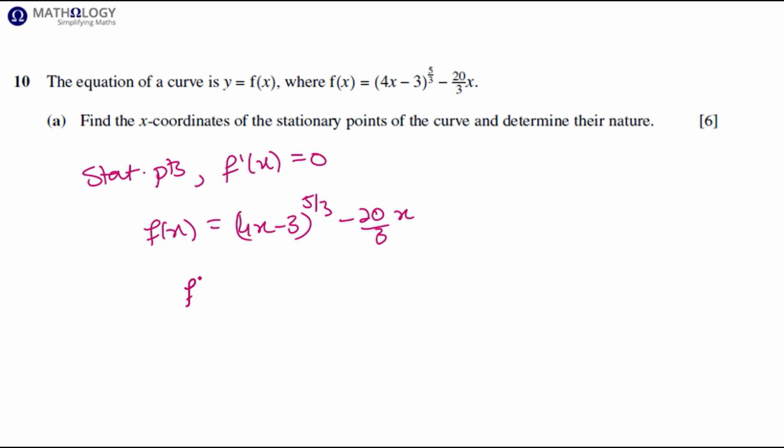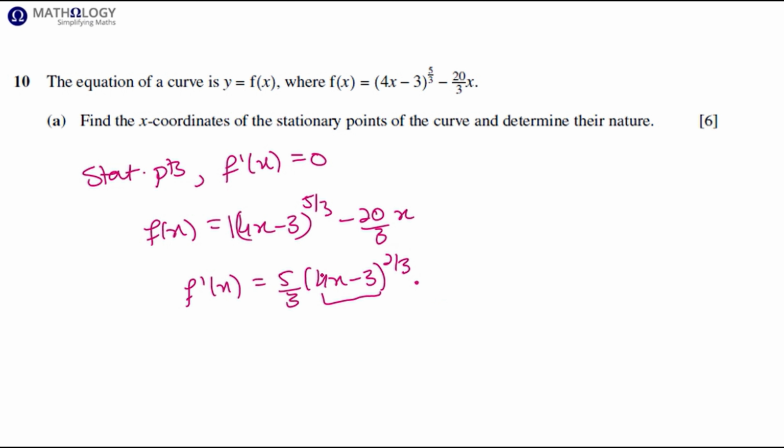So f prime x will be 5 thirds times 1 times 4x minus 3, and then we subtract 1 from 5 thirds, so 5 thirds minus 1 is 5 thirds minus 3 over 3, which is 2 thirds. And using the chain rule, we also multiply by the derivative of this expression 4x minus 3.